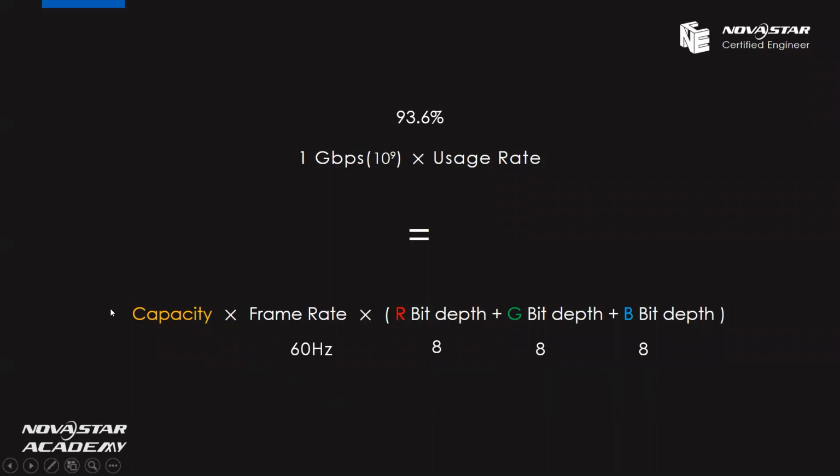So it is equal to the capacity multiplied by the frame rate and multiplied by the color depth of RGB. The common input color depth is 8-bit, and the frame rate we test at is 60 hertz.